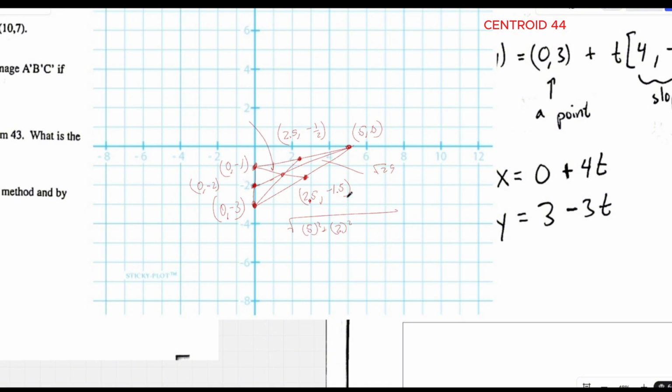Another one. Notice that double negative there, so it's y2 minus y1, so y2 minus negative 1. I'll just punch that in the calculator. I got root 12.5.